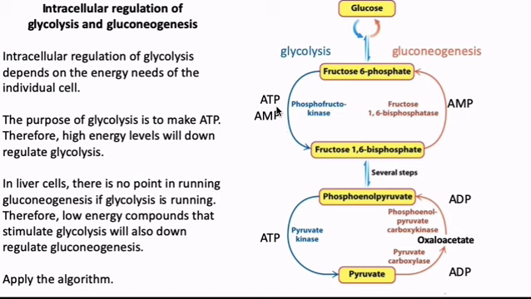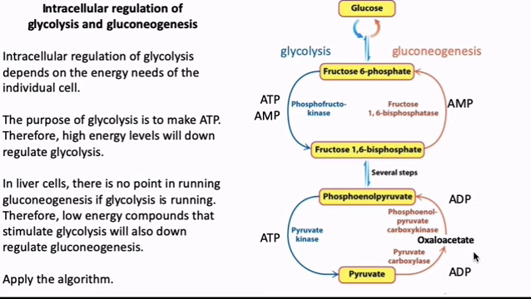So AMP binds to an allosteric site on phosphofructokinase, and what does it do? It will upregulate it. AMP says we need ATP, so it will upregulate the committed key regulatory enzyme for glycolysis.